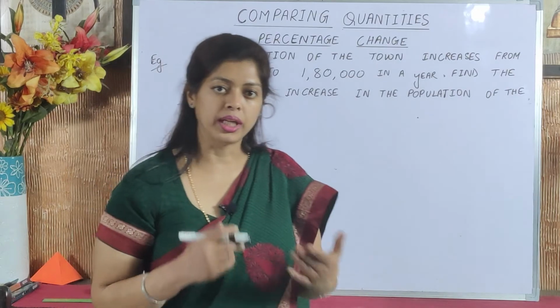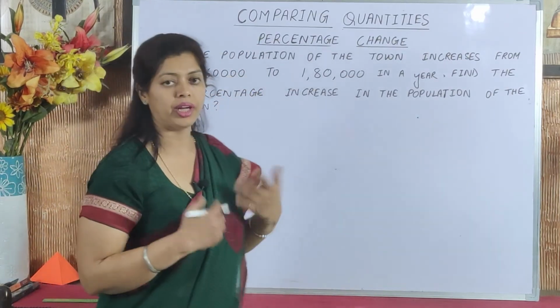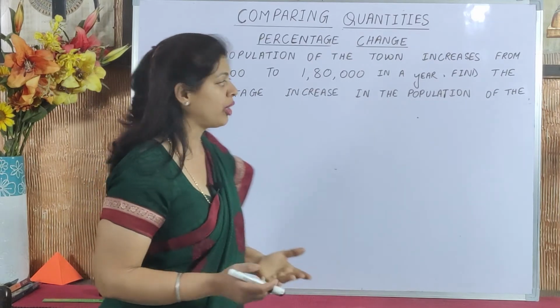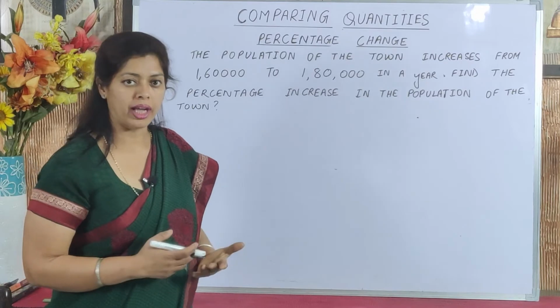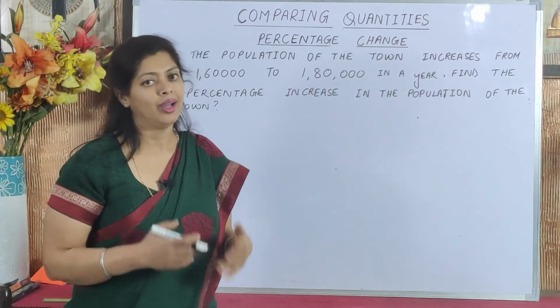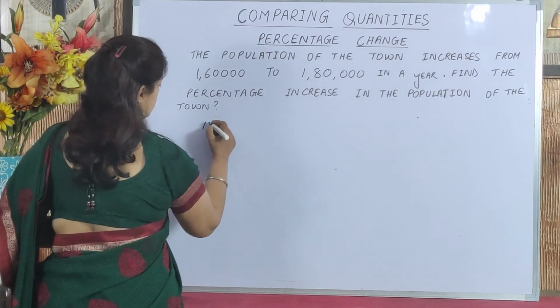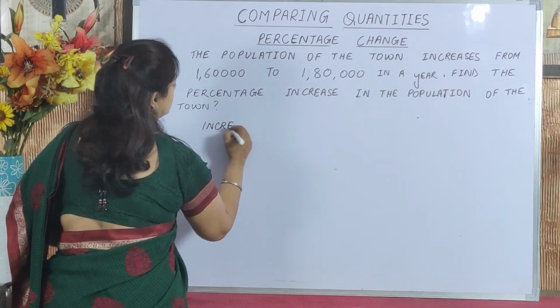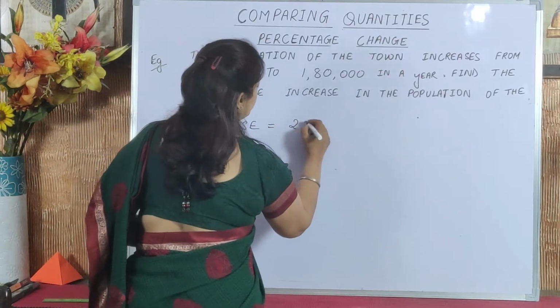So here originally there were 1,60,000 people staying in the town and now there are 1,80,000. So clearly you can find the increase. The increase is the new value minus the old value. That is 1,80,000 minus 1,60,000, which is equal to 20,000. So the increase in the number of people living is 20,000.